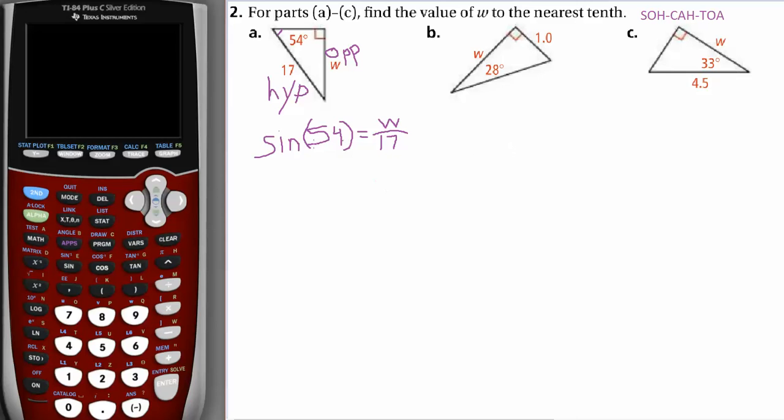So, now it just becomes an algebra equation, and we just need to solve for W. So we multiply by 17 on both sides.